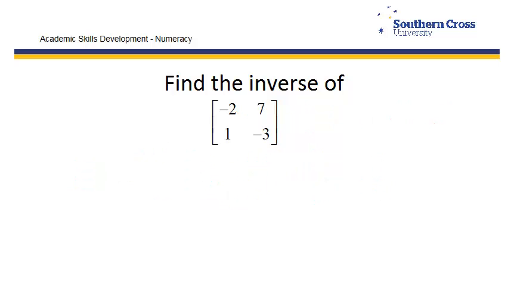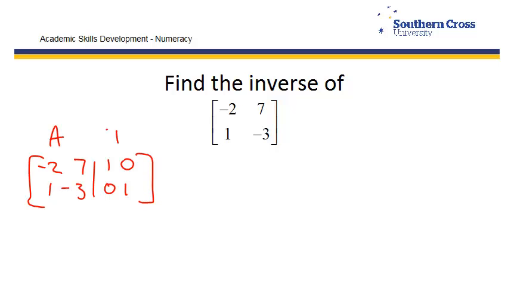Now, doing the same question, the other method, we'll set up our matrix augmented with the identity matrix. So this is our matrix, this is our identity matrix. Now, what we could do here is we could perform a swap.